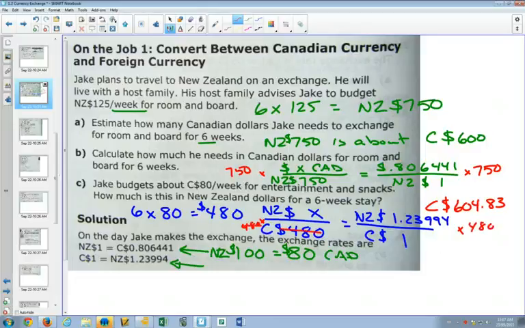So on this side, you have 1.23994 divided by 1 times 480. $595.17. So that's how much money he would get and be able to spend while he's there.